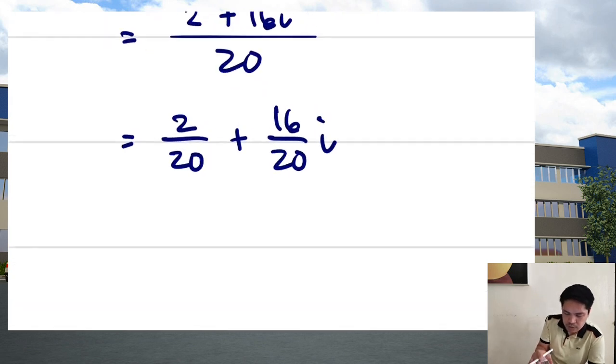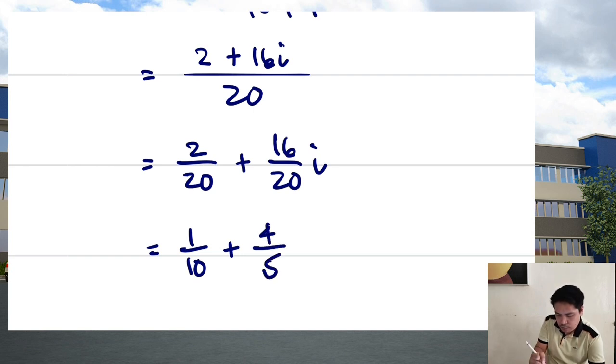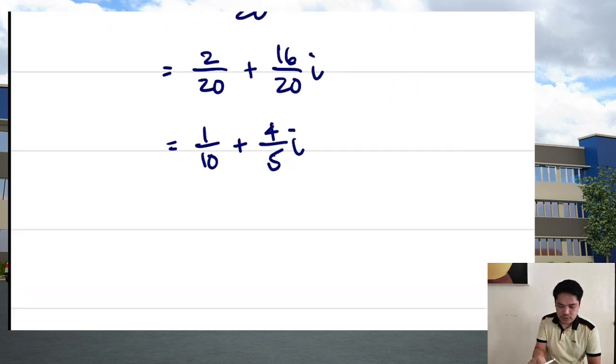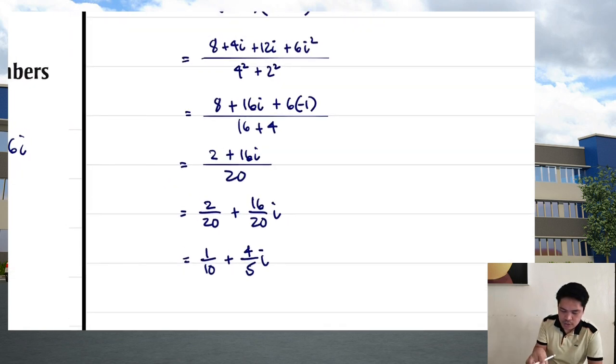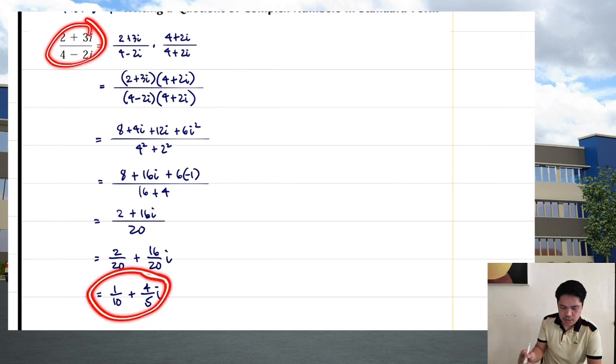Ganun lang naman yun. So, 2 over 20 is just 1 over 10, plus, how about 16 over 20? 4 over 5i. So, that would be our answer in standard form.